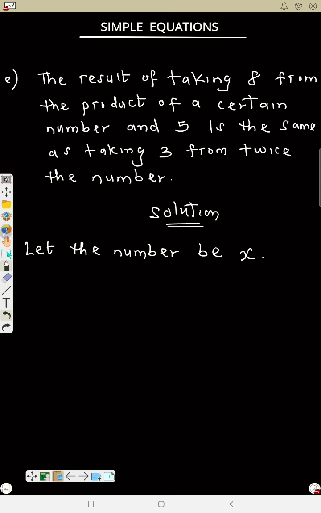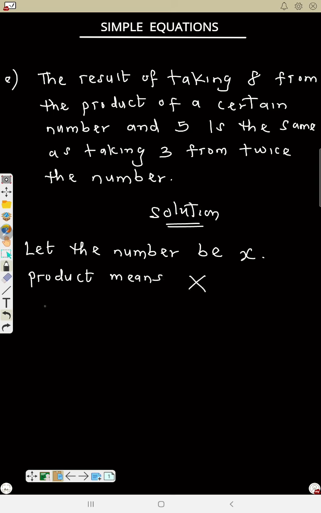Now let's start. The result of taking 8 from the product of a certain number and 5. So product means times.